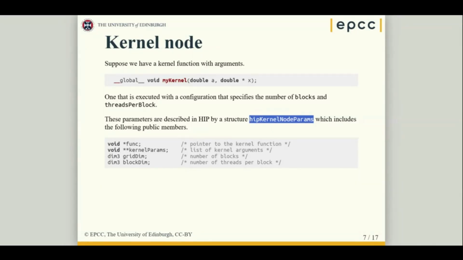This structure has public members. I have the function that will be my kernel, the parameters of the kernel, which I guess will be A and X, the number of blocks, and the number of threads per block.